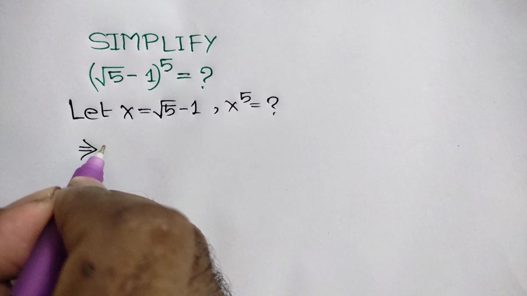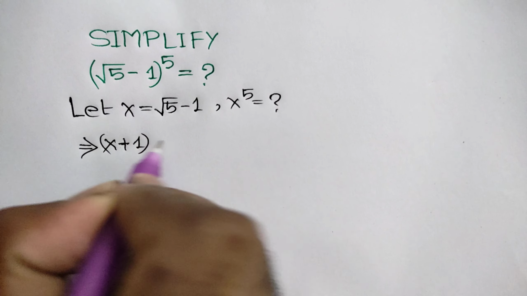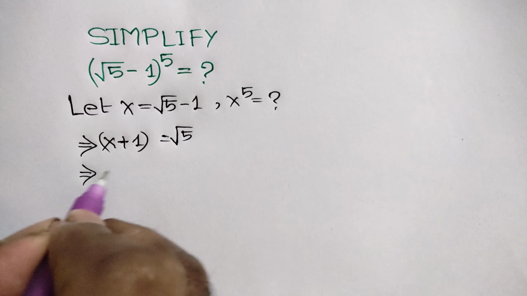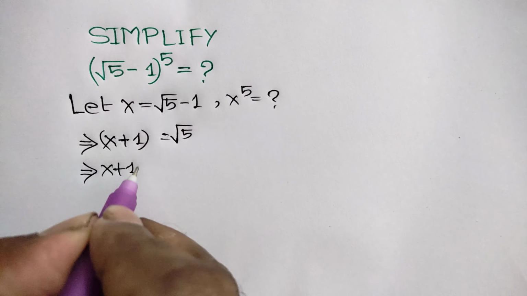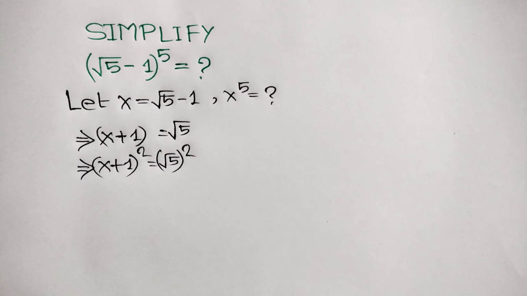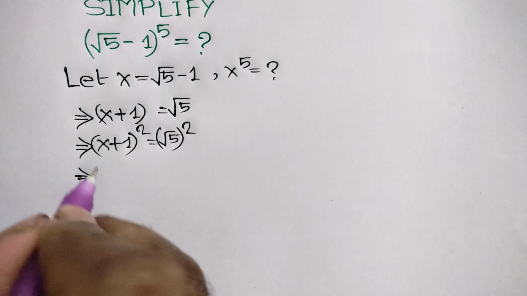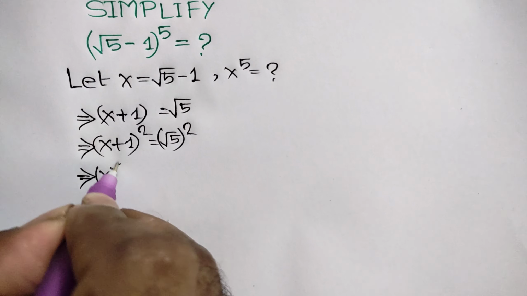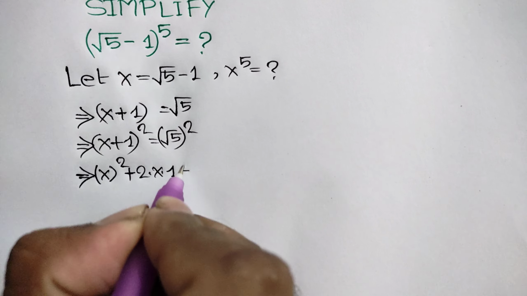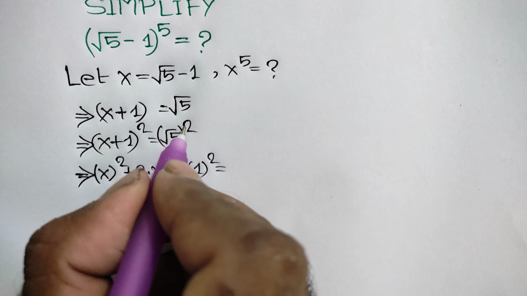Taking this negative 1 to the left side, we get x + 1 = √5. Now squaring both sides, we can write (x + 1)^2 = (√5)^2. Using the algebraic formula, x^2 + 2 times x times 1 + 1^2 = 5, since the square cancels the square root.